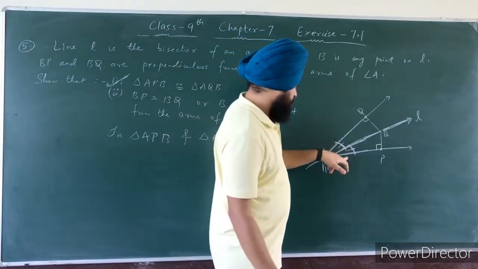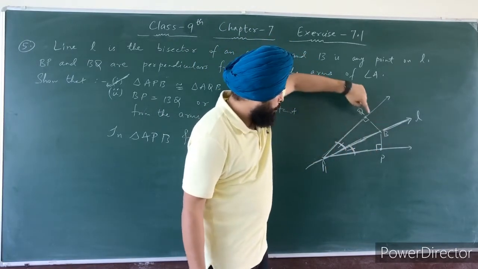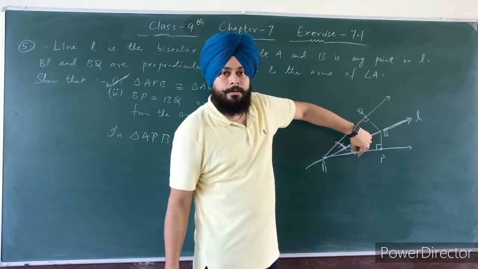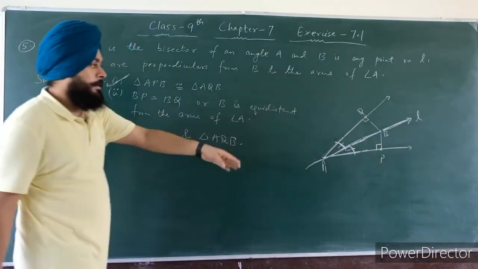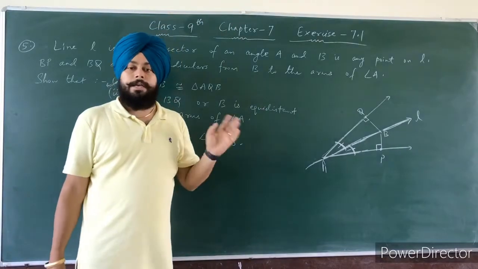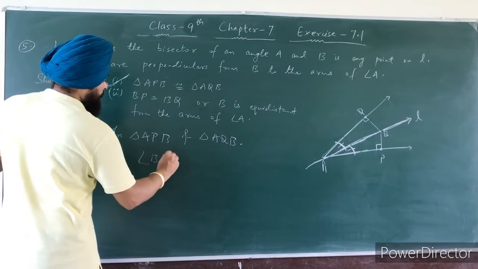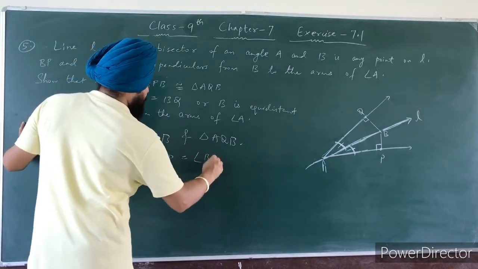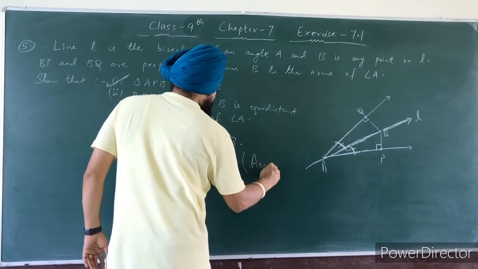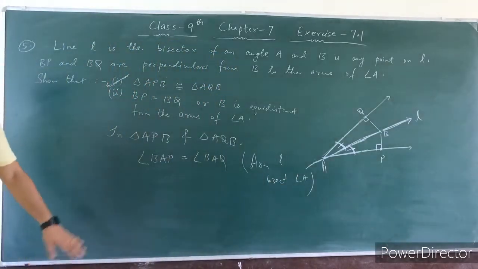The first is angle PAB equal to angle QAB, because it is given in the question that arm L bisects angle A. That's why angle BAP equals angle BAQ. The reason: arm L bisects angle A.